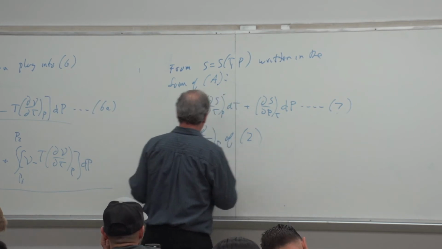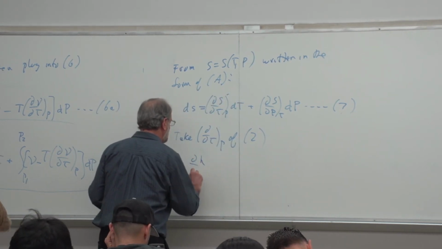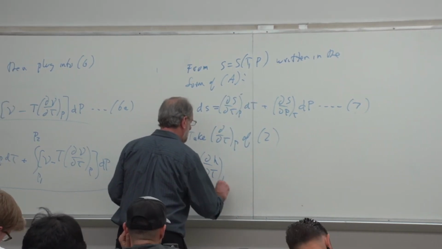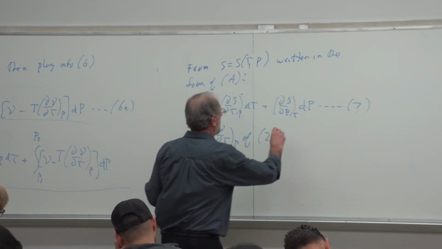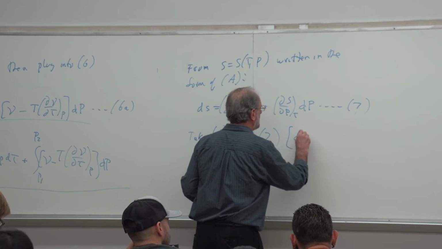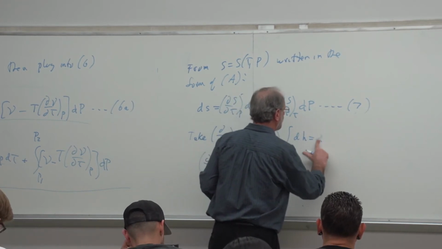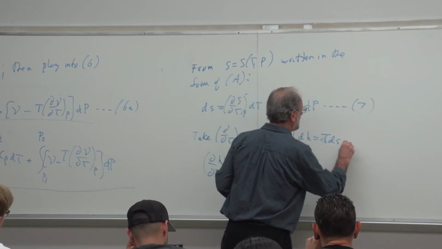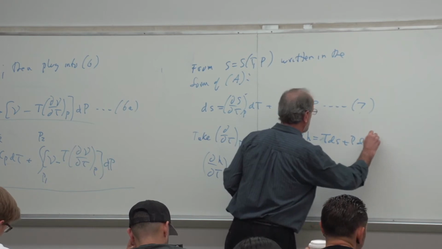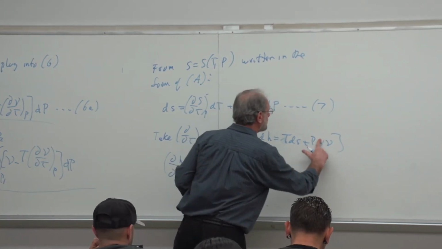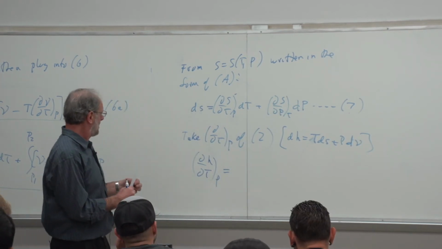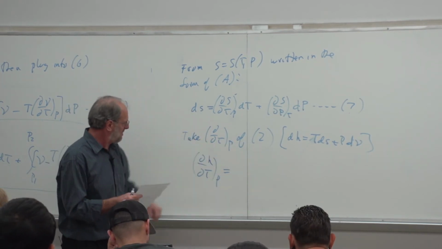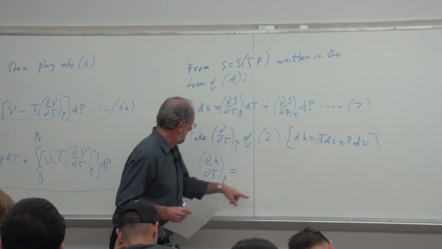and I get (∂H/∂T)_P is going to equal, in fact, let me write equation 2 just so I have it handy. dH equals TdS plus PdV. All right, so I take the partial with respect to T holding P constant. So I have (∂H/∂T)_P.